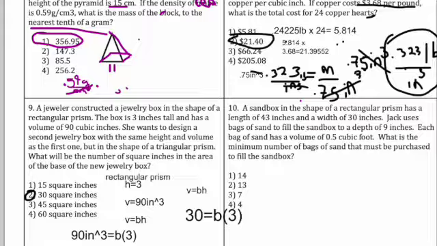Okay, it's a rectangular prism, and the base is length times width. And we know that the area of this base, the shaded part, is 30.